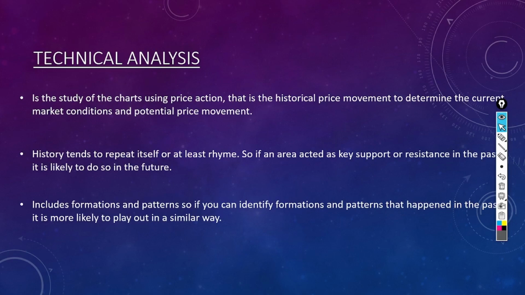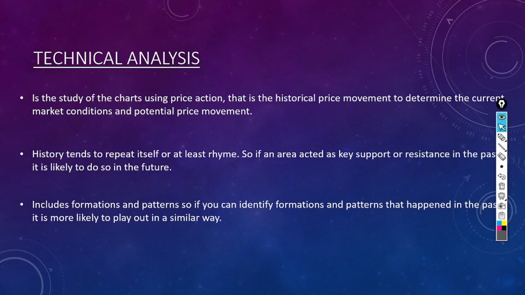Here we have technical analysis. What is technical analysis? Well, basically, it is the study of the charts using price action. That is, the historical price movements to determine the current trading conditions and potential price movement. So that's saying we use what happened in the past to help us predict or determine the direction of the market, up or down. That's it.